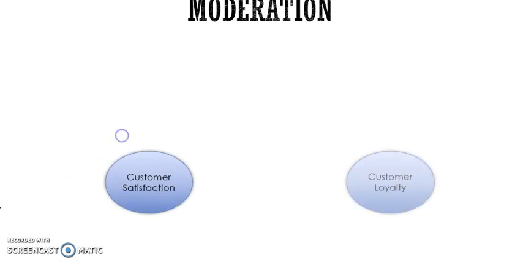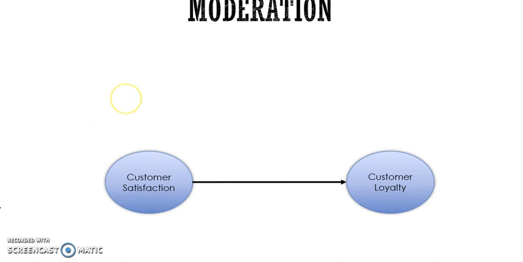Another type of structural modeling is moderation. Suppose we have the same model, with customer satisfaction, and we would like to explain how it affects customer loyalty. A moderation, a third variable, could directly affect the relationship between customer satisfaction and customer loyalty in a different way.